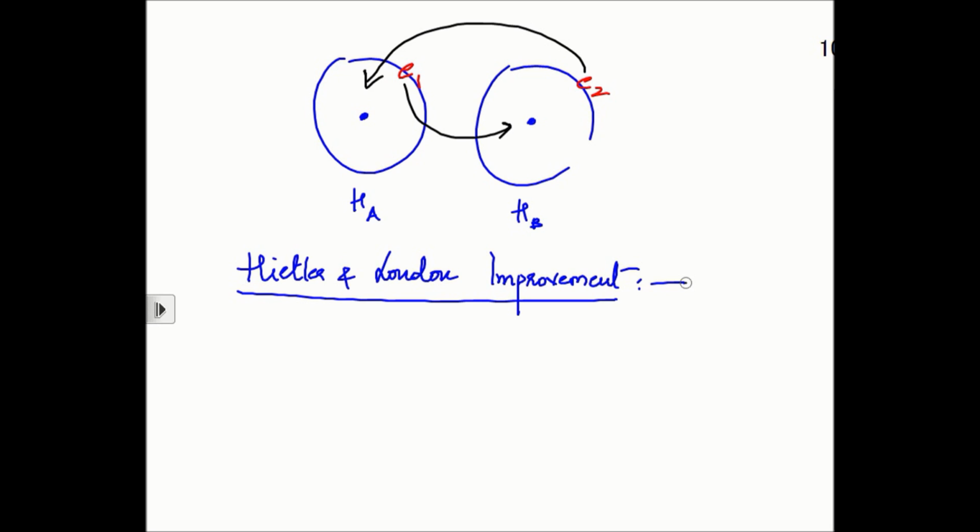First improvement was that this cannot be the true picture. So you should have 2 different wave functions. Let me say psi1, wherein, for simplicity, let me just omit H and write A. Assume that psi A refers to HA. Okay. 1 plus psi B 2.